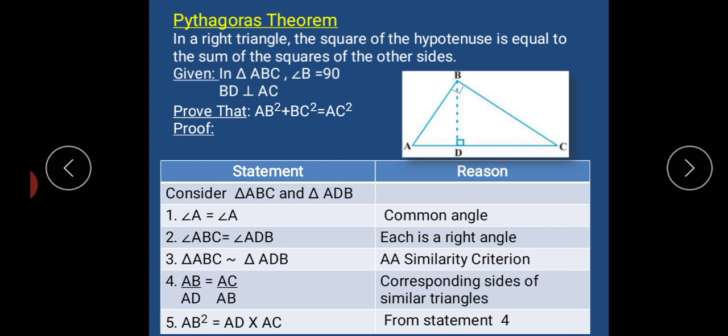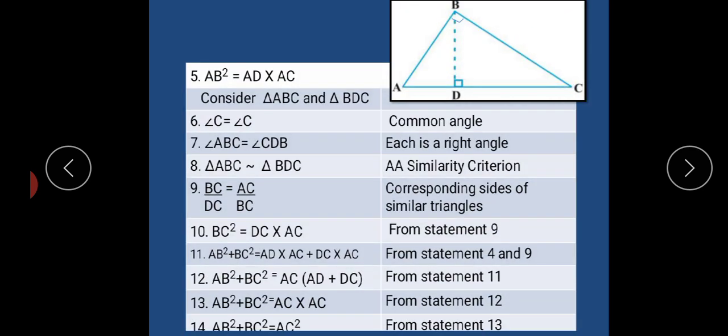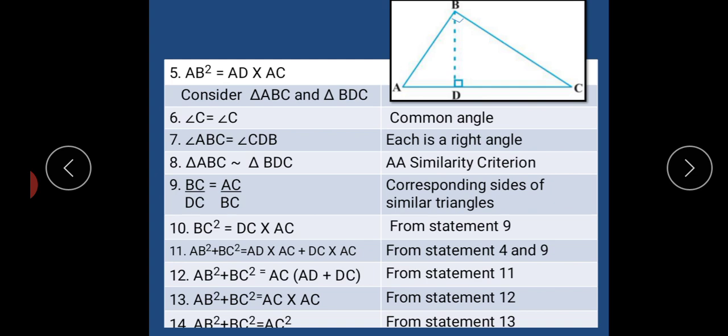Now, second, we want BC square. In the same way, we'll consider triangles ABC and BDC. I have written this fifth statement again here for continuity. Now A, B, C and B, D, C. Here C is a common angle, and again there is a right angle. Each is a right angle, angle ABC and angle CDB.